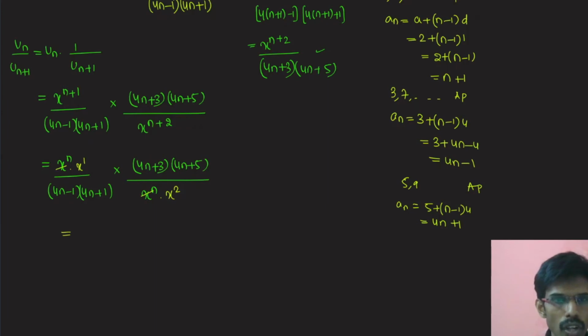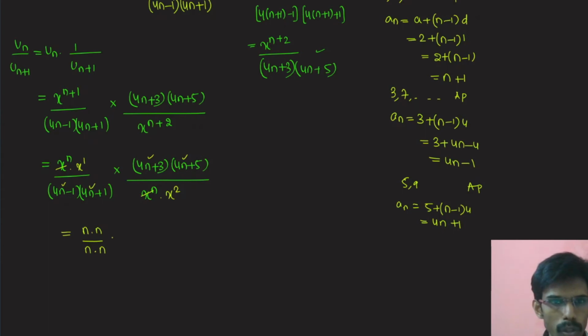Now we have this 4n plus 3. Take n common here, we have n. Next take n common from 4n plus 5, one more n will be there. Next in the denominator take n common, we have n into, taking n common, we have n.